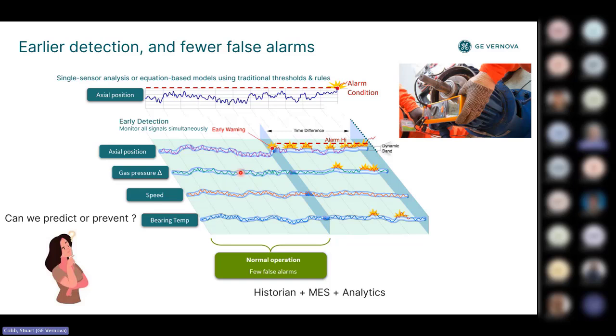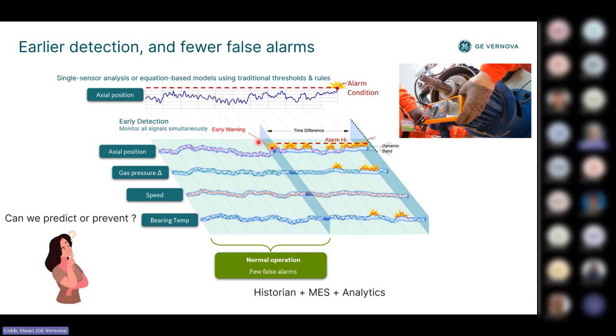Ideally we'll take about a year of data to build a model that allows us to understand what normal behavior for the asset looks like across all of these variables. Then if we start seeing abnormal behavior, we want to give early warning indications that the asset might have a problem.